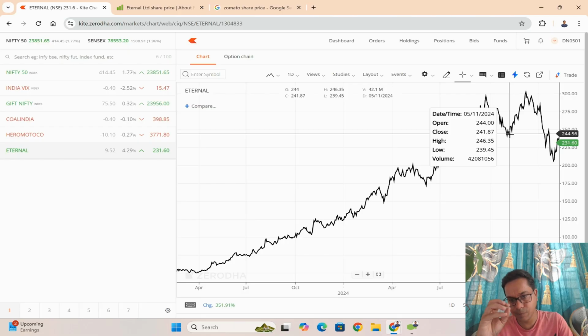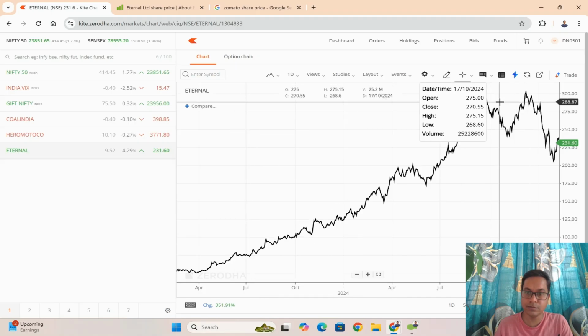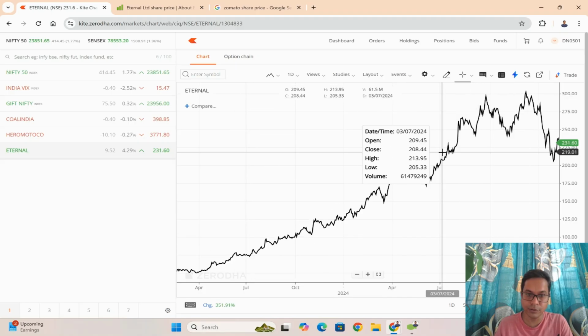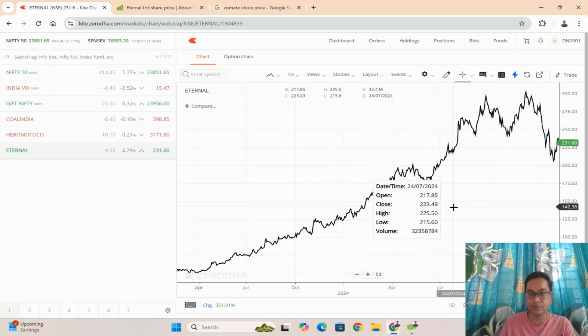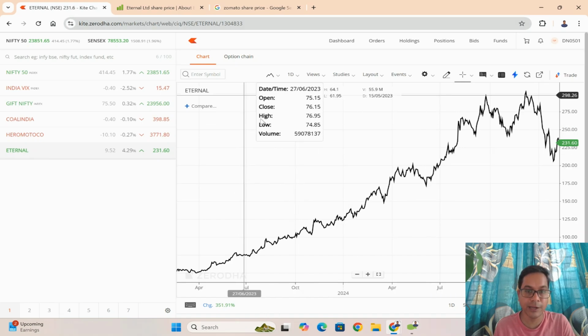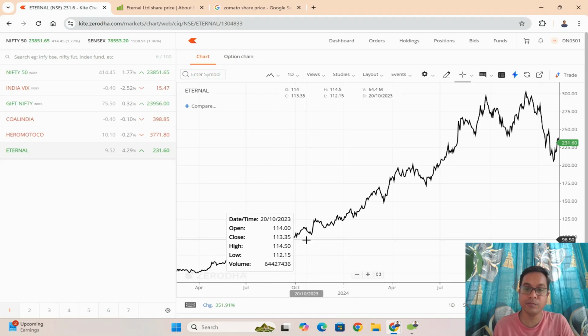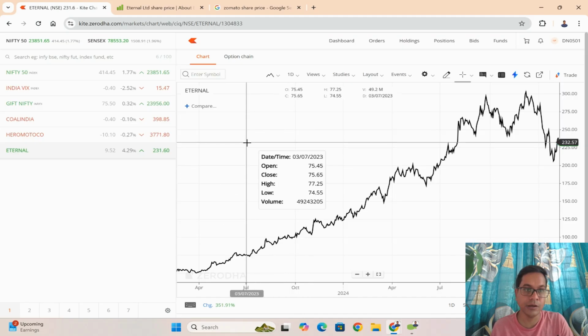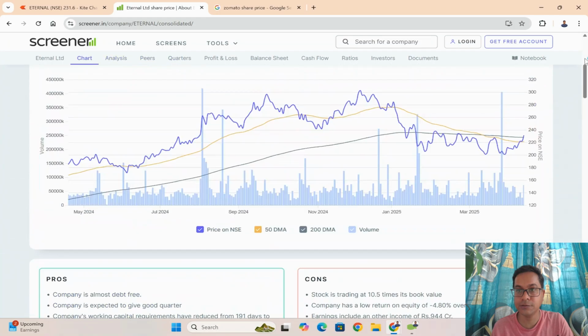But if you just follow some simple rules, like the sales is increasing and the profit is increasing, you will be able to catch a bigger portion of the stock movement. No need to do any hi-fi, big analysis. Simple numbers will help you to make profit, and also help you to stay out of all the kachra companies.